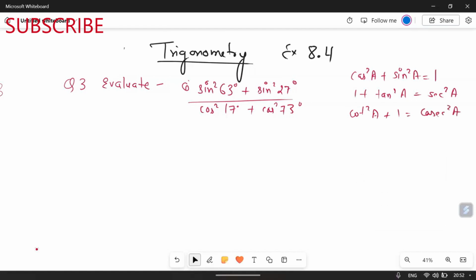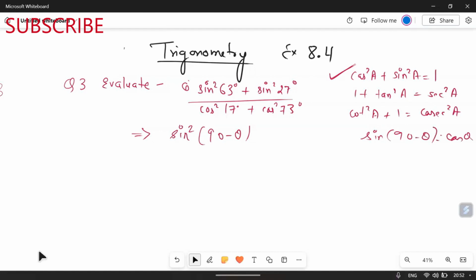Now we can use this because in the function there is sine and cos. So we will use the identity. We will just apply this first one. Since we can say that sine square can be written as sine square 90 minus theta. Do you remember this one? Sine 90 minus theta is your cos theta, right?